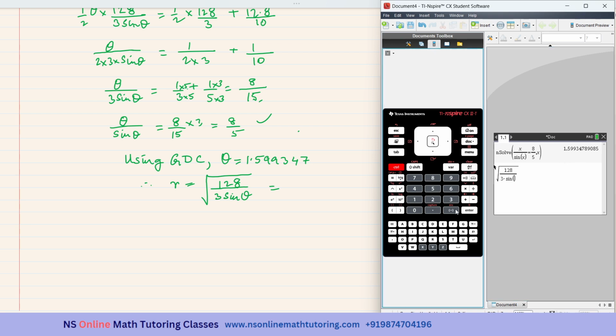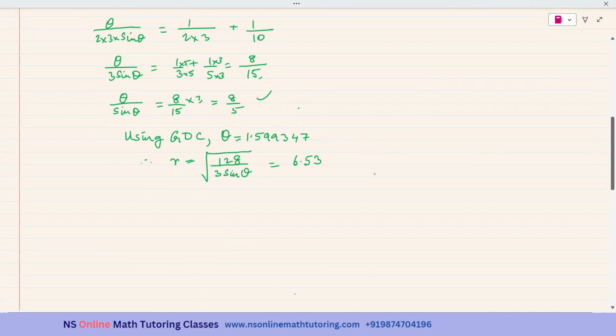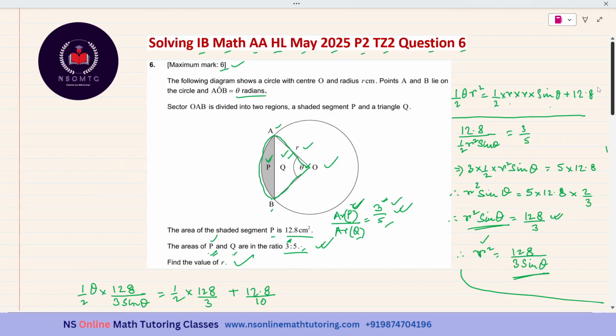Control answer. It is 6.53. Do you have any units? Centimeters, correct to 3 significant figures. So we have completed solving this question.